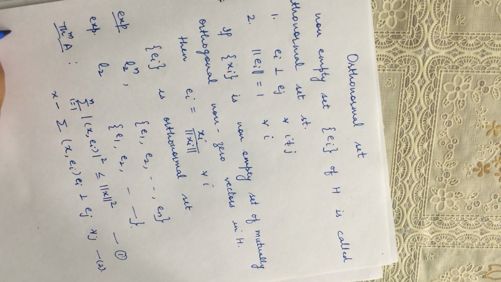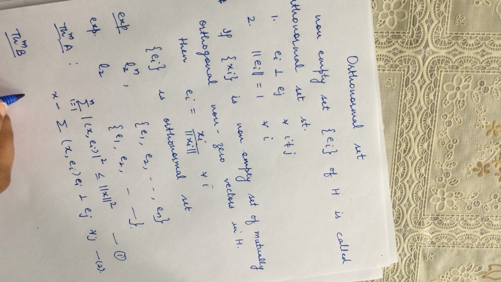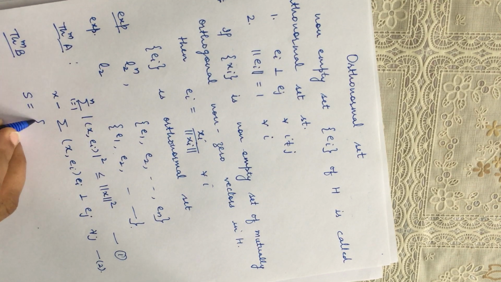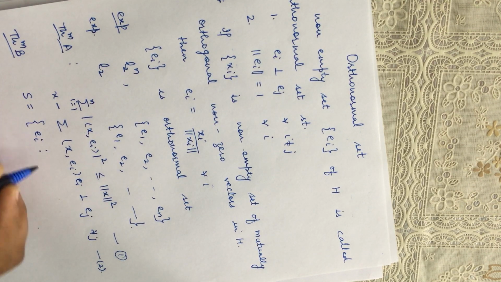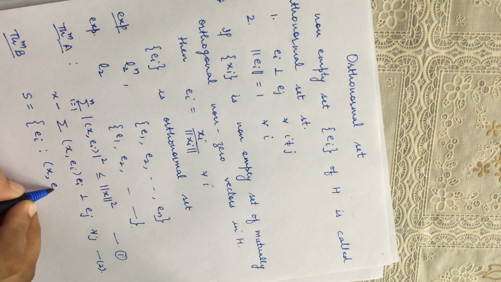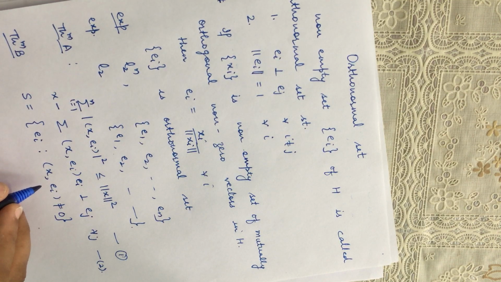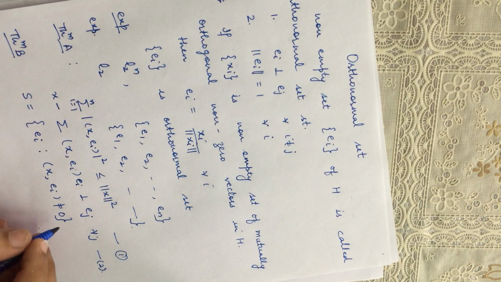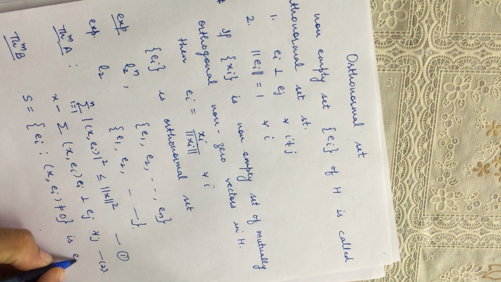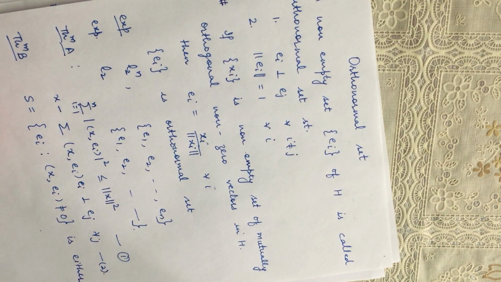But for that we have to first prove theorem B, which says if e_i is an orthonormal set in a Hilbert space H, and if x is any vector in H, then the set S, which consists of all the vectors e_i for which the inner product of x and e_i is non-zero, which means x and e_i are not orthogonal to each other, is either empty or countable.